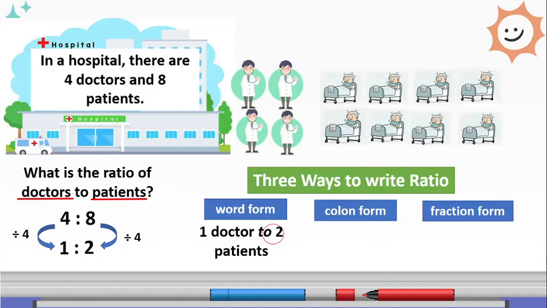In column form, 1 colon 2. In fraction form, 1 as the numerator and 2 as the denominator. So that's how we write ratio. Remember that we can express ratio to its lowest term.